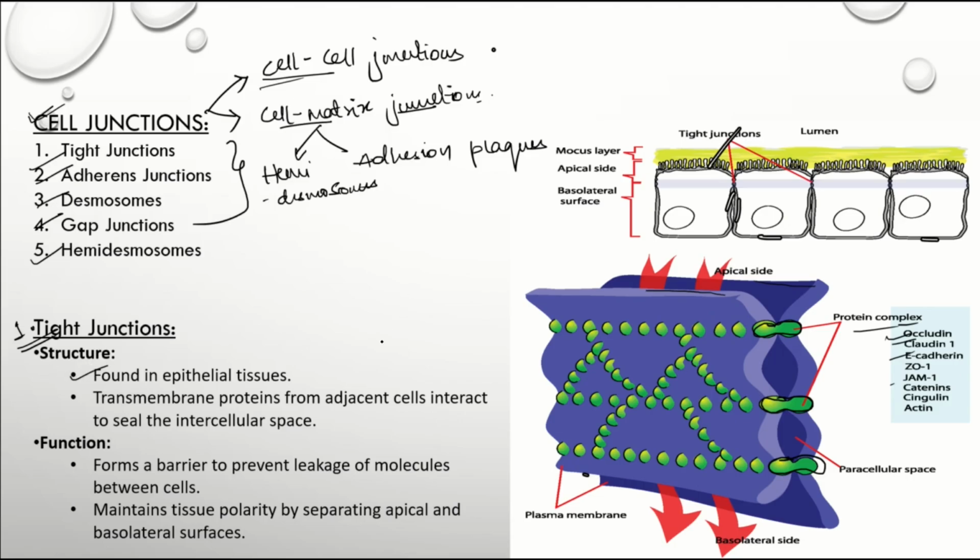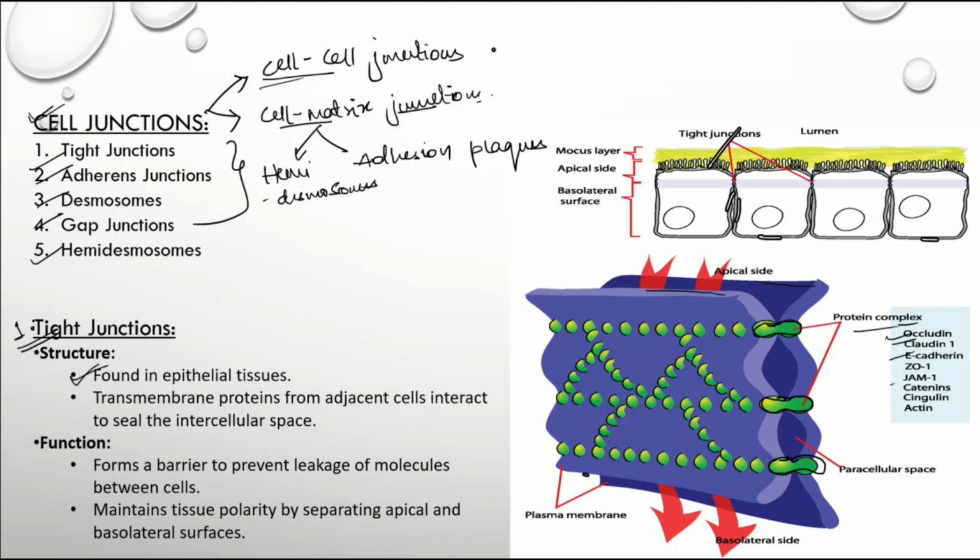Mostly the tight junctions are found in the epithelial tissue, which mainly provides the lining of the inner surfaces in our body. If a lining has to be provided, then the cell junctions should be very tightly attached. The cells must be tightly attached to properly define a boundary, right? So therefore it is found in the epithelial tissue.